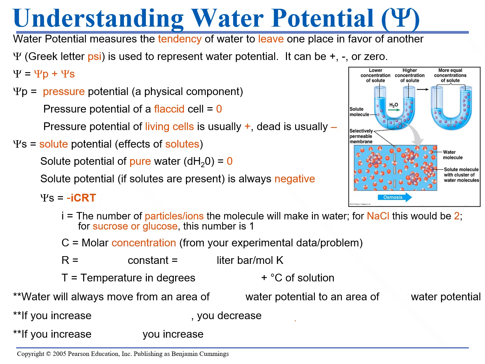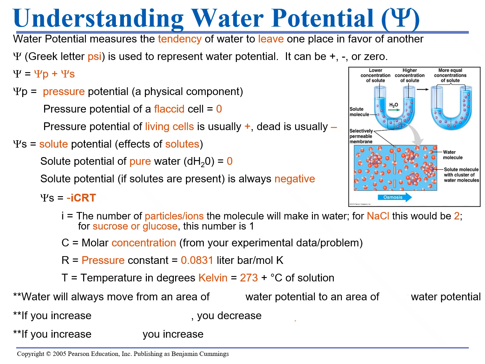C is the molar concentration from your experimental data or problem. R is the pressure constant, which is usually equal to 0.0831 liters per mole. And then T is your temperature in degrees Kelvin. Degrees Kelvin is equal to 273 plus the degrees Celsius of the solution.